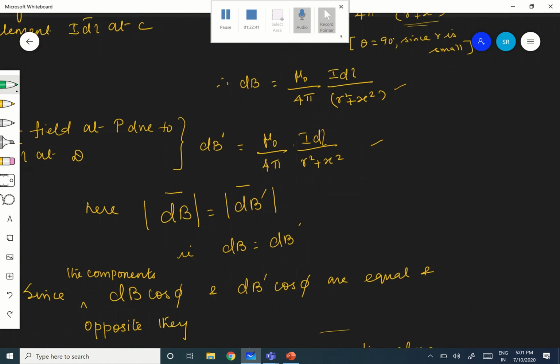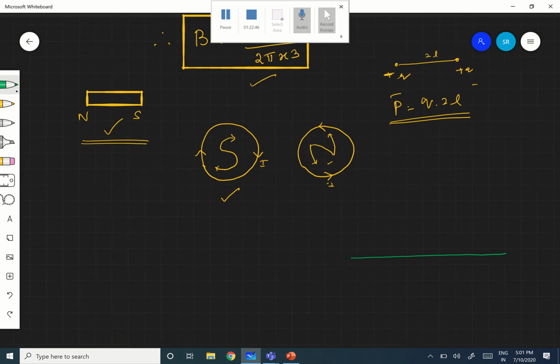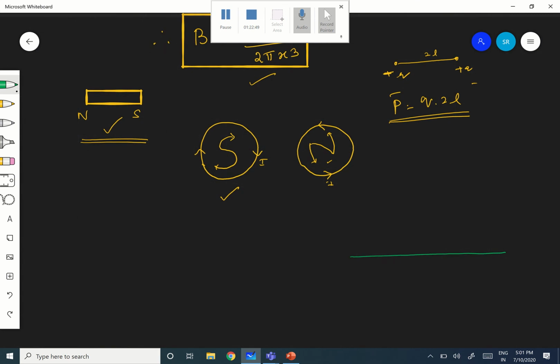Now I am going to plot a graph showing the variation of B, magnetic field, with distance x on both sides.